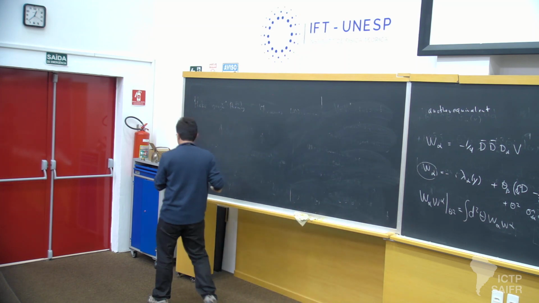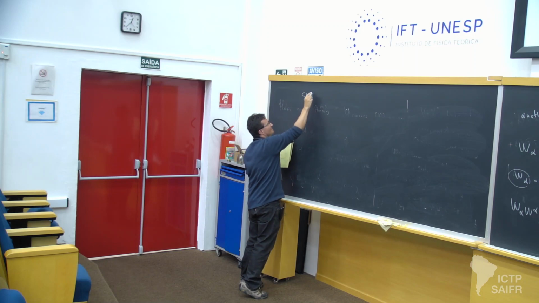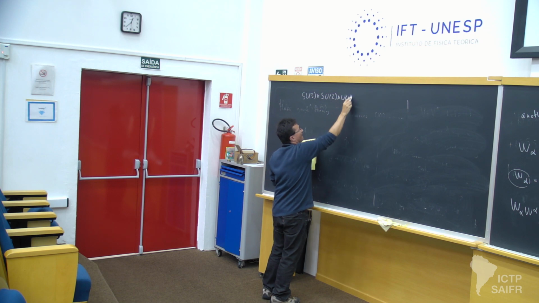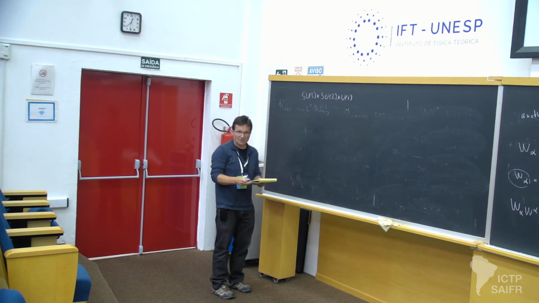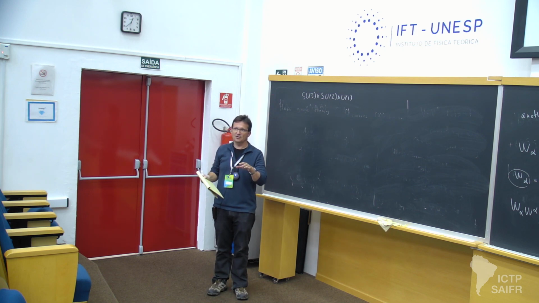Okay, so what is the matter content of the standard model? The standard model is an SU3 cross SU2 cross U1 gauge group. And I'm going to write everything in terms of chiral superfields. So I will not add any anti-chiral superfield.